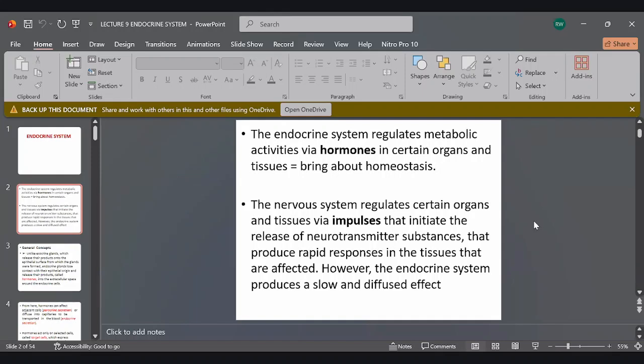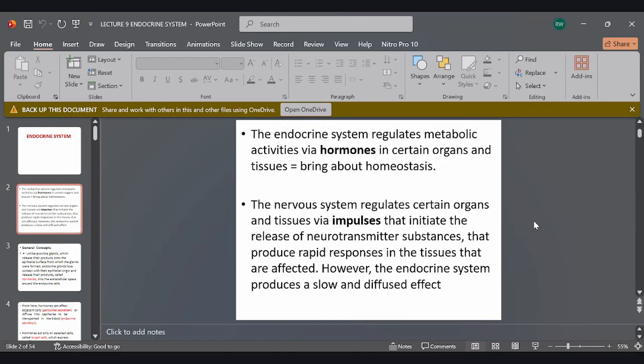Then the second, we have the thyroid gland. Then the third, we have the hypothalamus. Then we have the pineal gland. Then we have the thyroid and parathyroid gland.